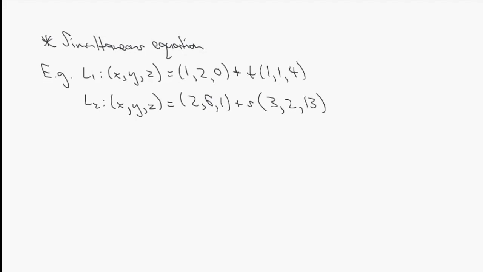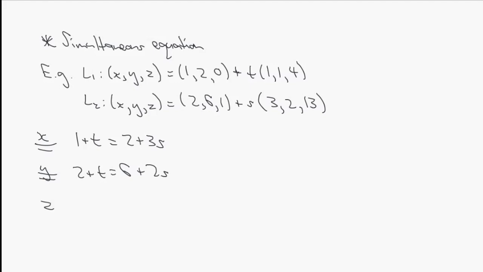All right. Like just now, we will split the thing between x and y, but now we'll also add z. So for x, 1 plus t equals 2 plus 3s. For y, it will be 2 plus t equals 6 plus 2s.